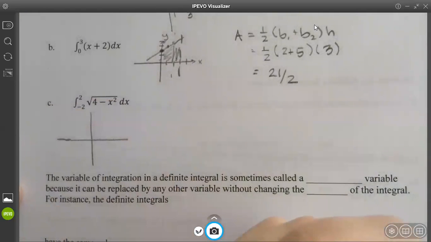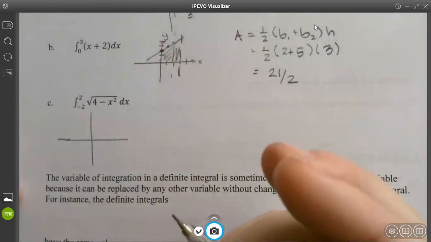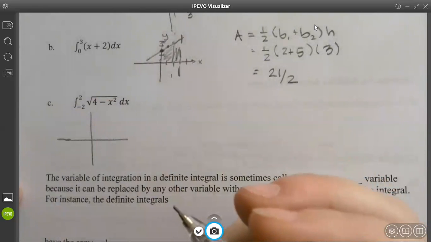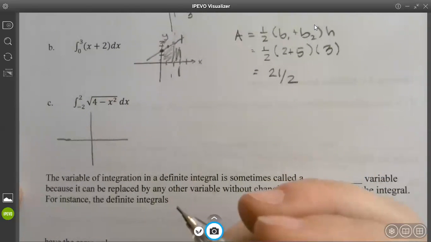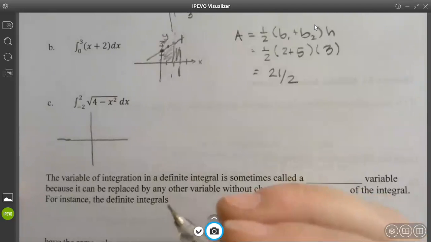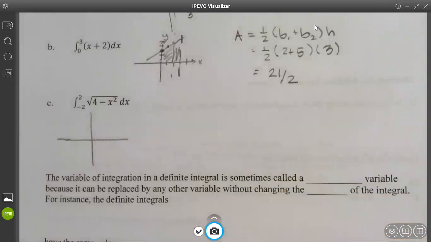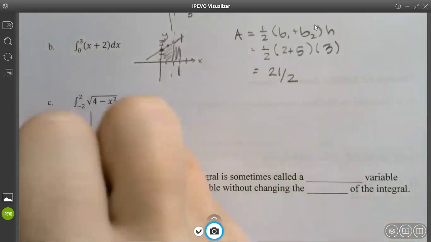Well, I don't know how to cut this. It's a parabola. No, it's not. How do y'all not know your shapes? It's been a while. It's a half circle or a semicircle. Y'all are struggling.